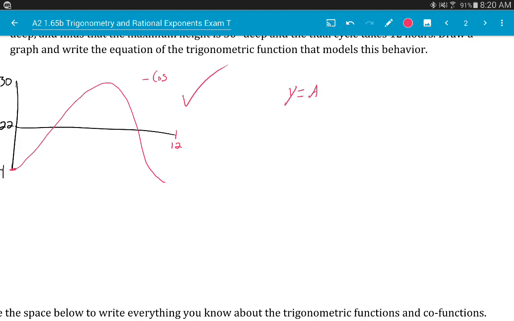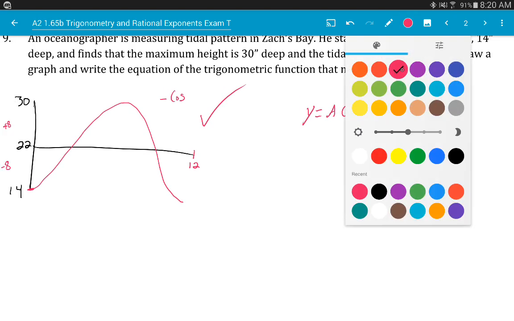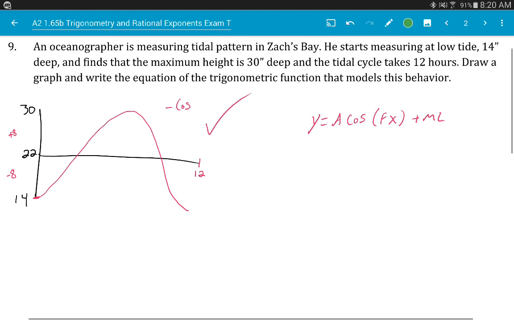And here's the function. y equals a cos of fx plus the midline. I know the amplitude is plus 8, right? So it's 8. I got to remember that it's negative because of the shape of the cosine function. The frequency, I still have to find that.